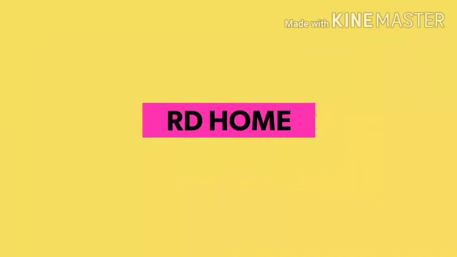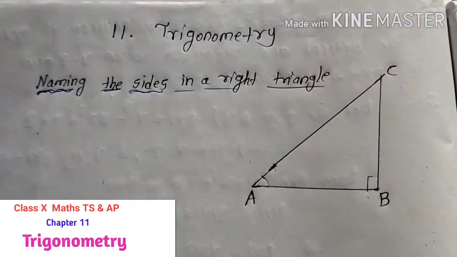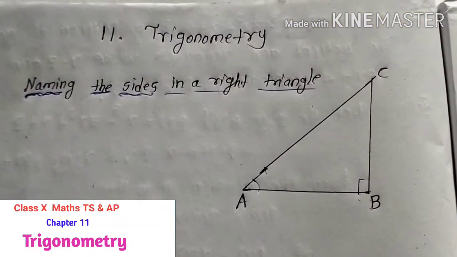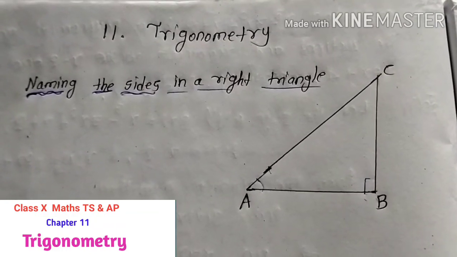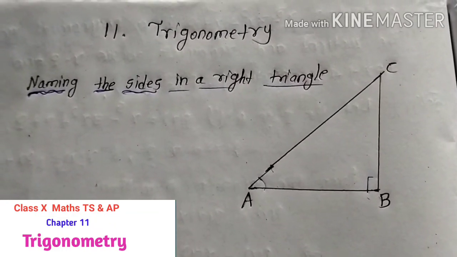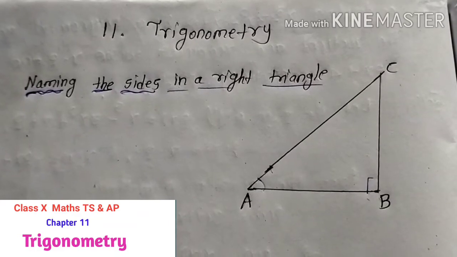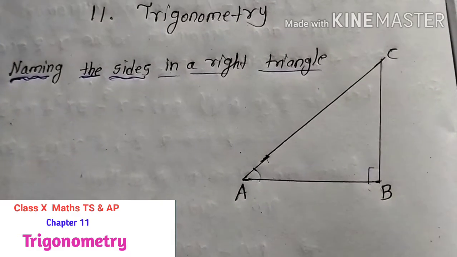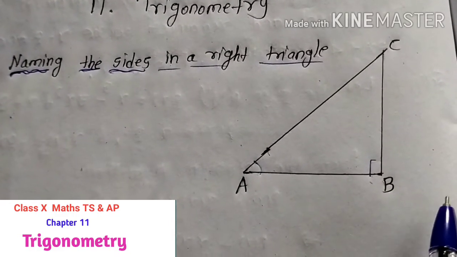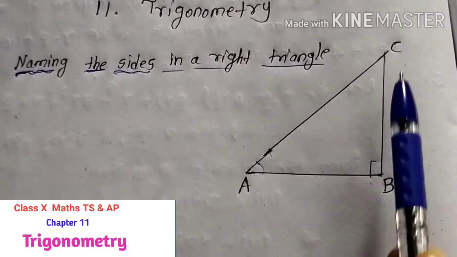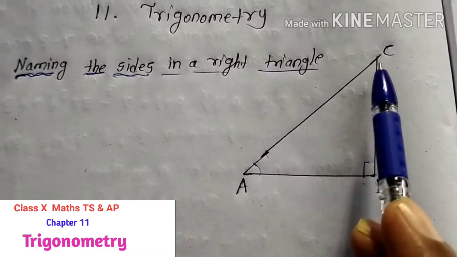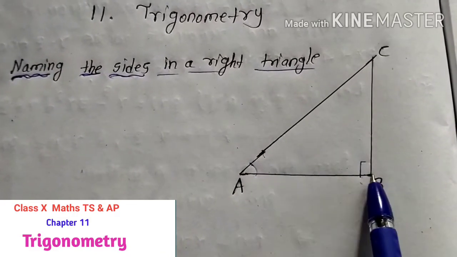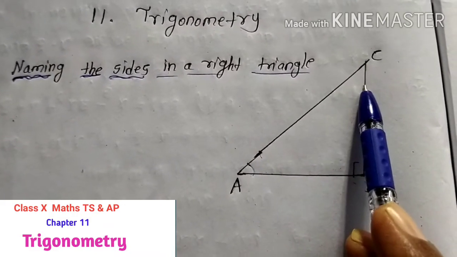In this video, I will discuss with you class 10th maths, Chapter 11 Trigonometry. Trigonometry is a branch of mathematics. Already we have discussed in the previous classes. For example, I considered here one right angle triangle ABC. In the triangle, AB, BC, AC are the sides. Angle A, angle B, angle C are the angles.